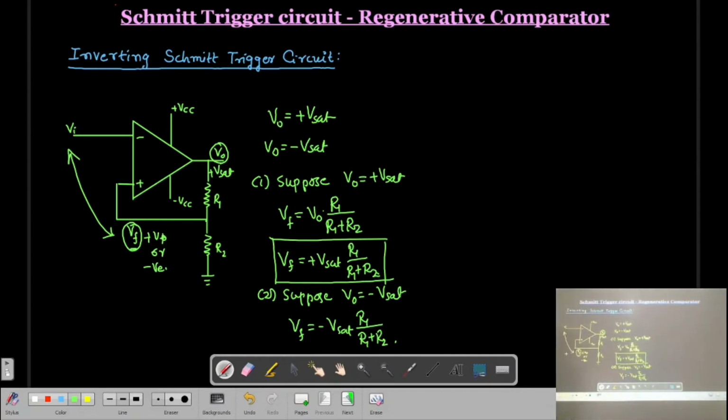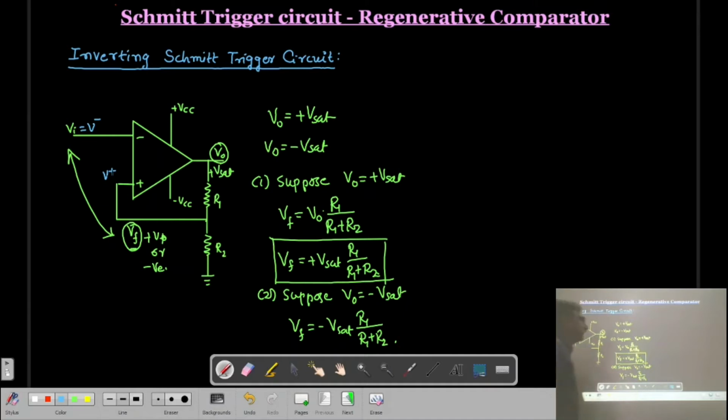Let us say the voltage applied to the inverting terminal we call V minus, and the voltage applied to the non-inverting terminal we call V plus.